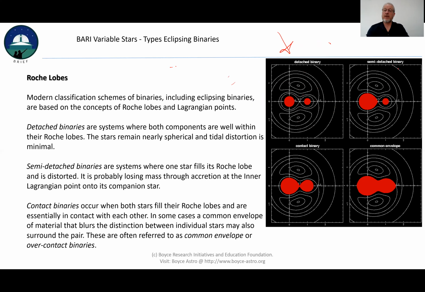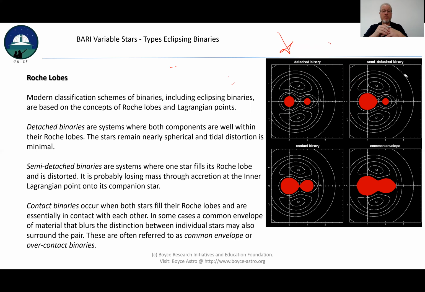So if we look at semi-detached binaries here, we can see that this particular star has filled its Roche lobe to the Lagrange point, and in most cases is probably accreting through to the secondary star. So the gravitational effects are starting to use that Lagrange point as a funnel and accreting some matter onto the secondary star. So that's a semi-detached binary.